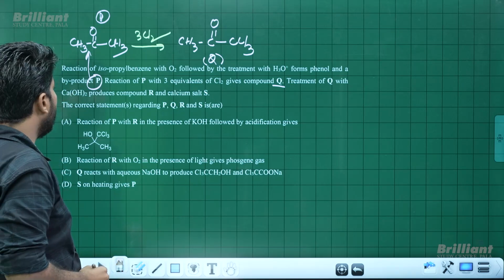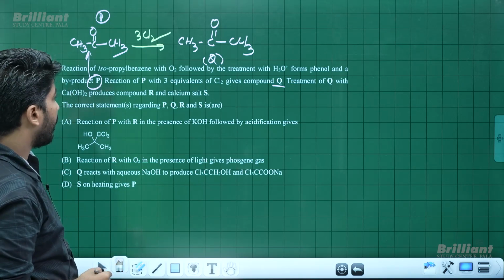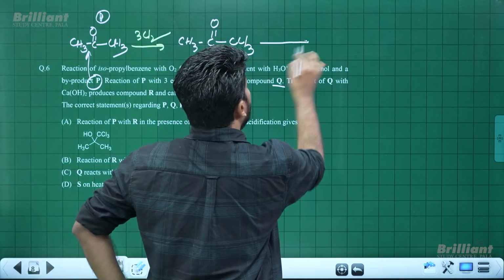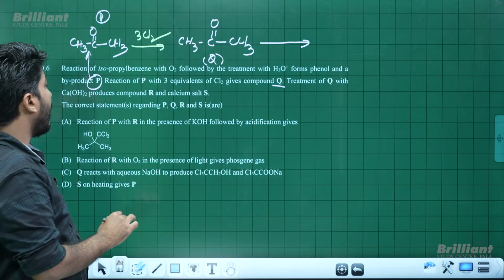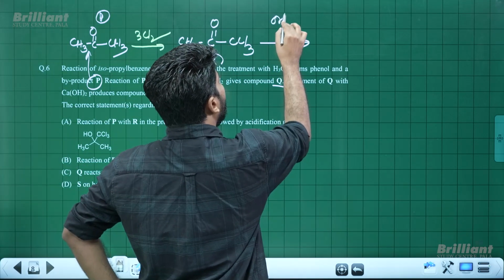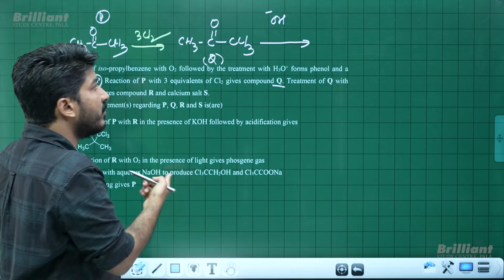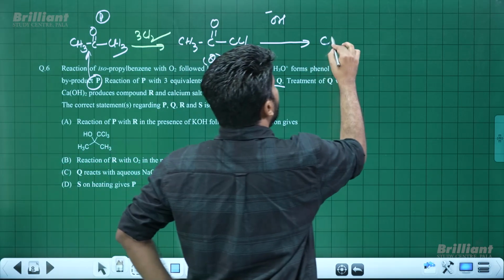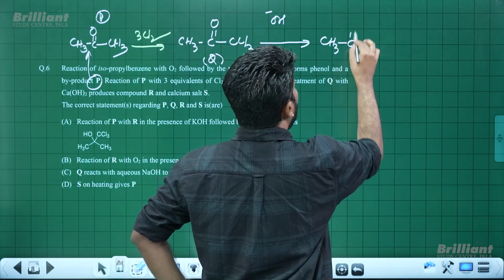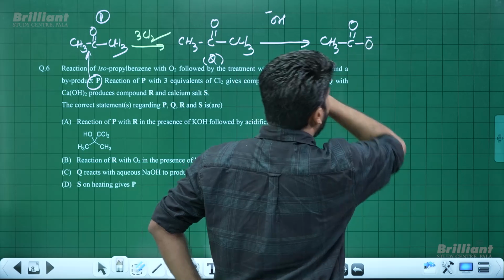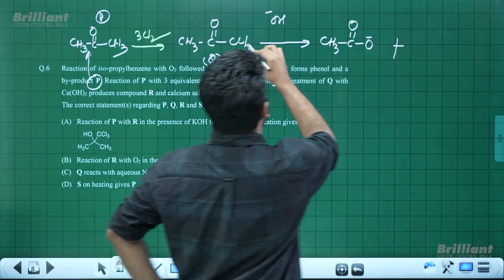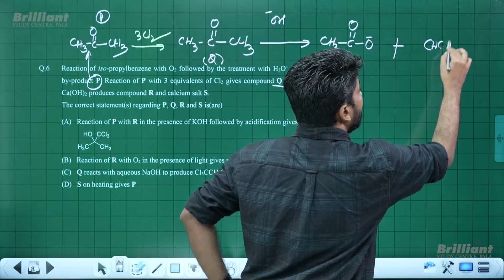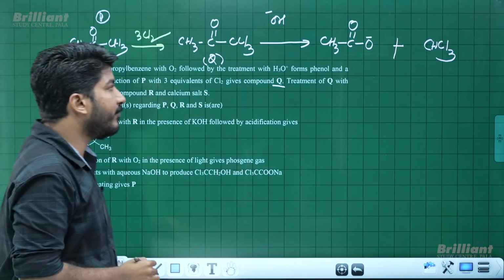Now we are continuing with the treatment of Q. Q on treatment with calcium hydroxide. Let's say in general if it is treated with dilute alkali solution, then that will give us CH3COO minus, the acetate ion, and CCl3 minus, which is finally obtained as chloroform, right?